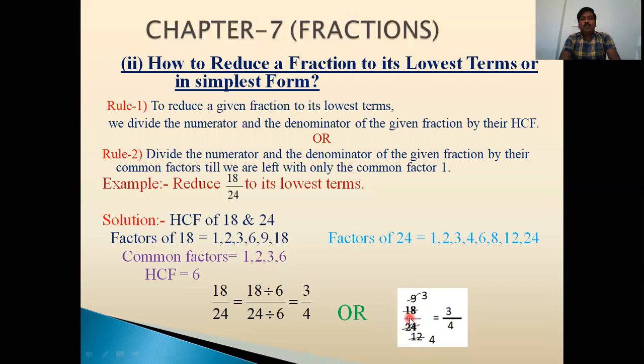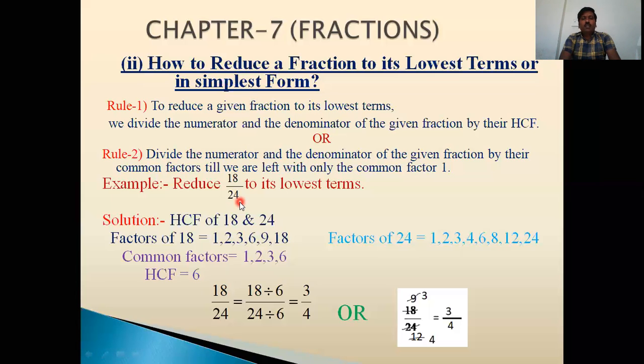And after that, when we divide by 3, 9 by 3 is 3 and 12 by 3 is 4. Now students, in this way we can find 3 by 4 as the simplest form of 18 by 24. So here there are two methods to convert any fraction which is not in the simplest form to simplest form.